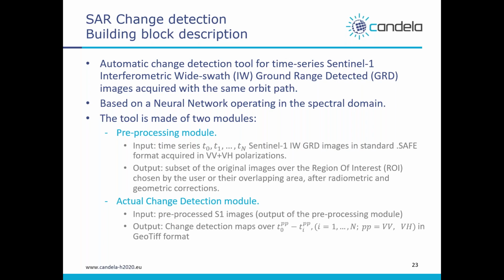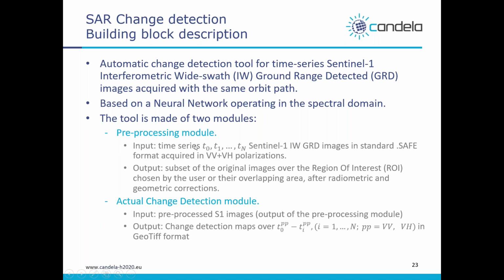Our tool is made of two modules: a preprocessing module which takes the standard SAFE format Sentinel-1 images in dual polarization VV and VH, as it's the one covering most of Europe and the central area of the world. And it performs radiometric calibration and terrain correction, and then saves the results in GeoTIFF format.